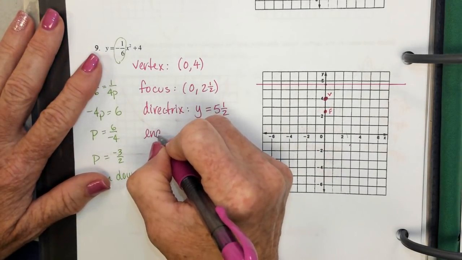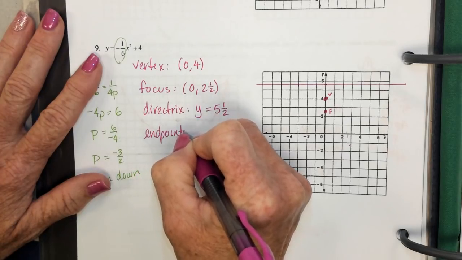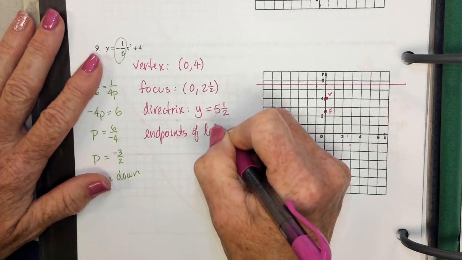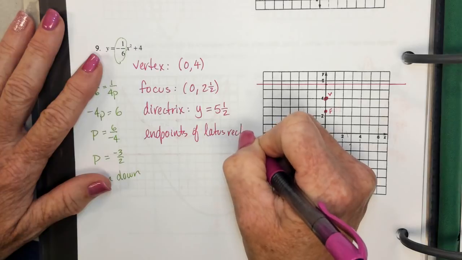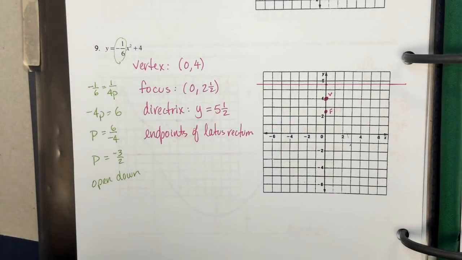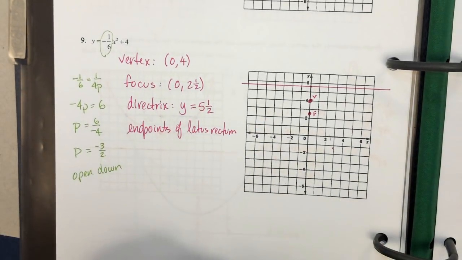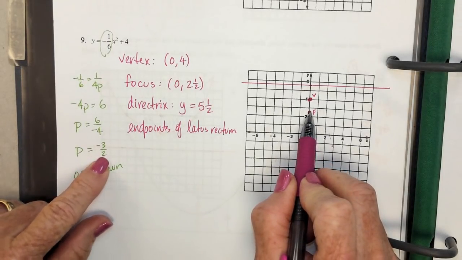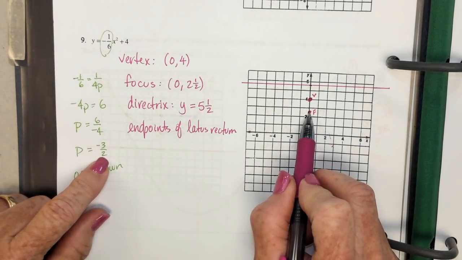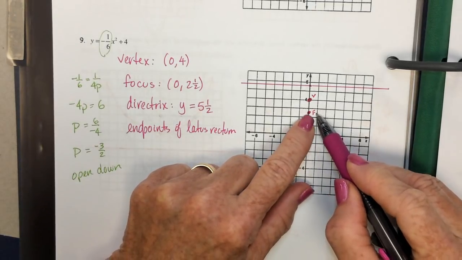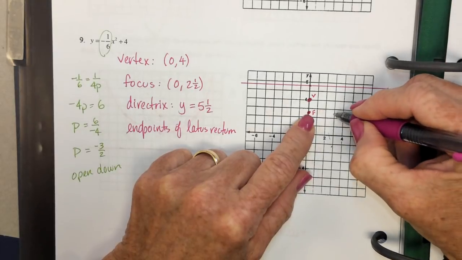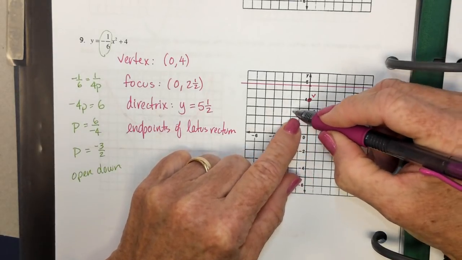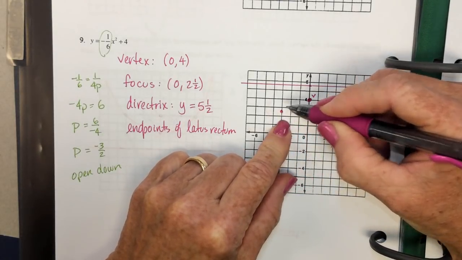Okay, endpoints of the latus rectum. Let's see, from the focus, 2 times that. 2 times 1.5 is 3. So from the focus, 3. 1, 2, 3.